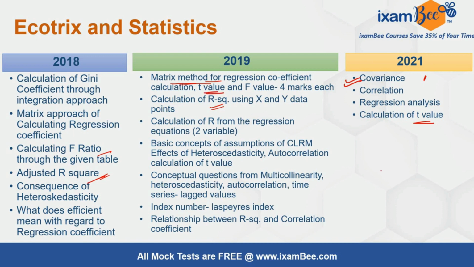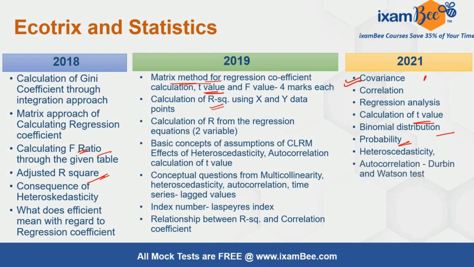Here also there was a calculation of t-value, and in 2018 it was related to the F ratio. Then a binomial distribution related question, a question on probability, and again questions on heteroscedasticity and autocorrelation. The Durbin-Watson test under this was asked. So these are some of the types of questions that have been coming.